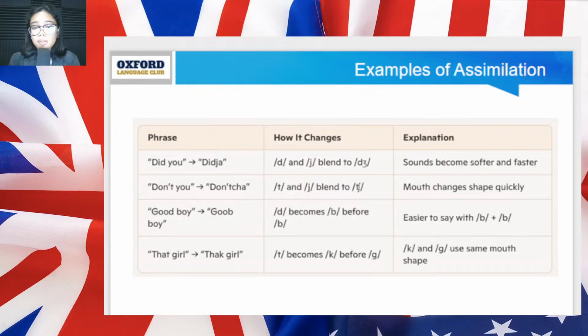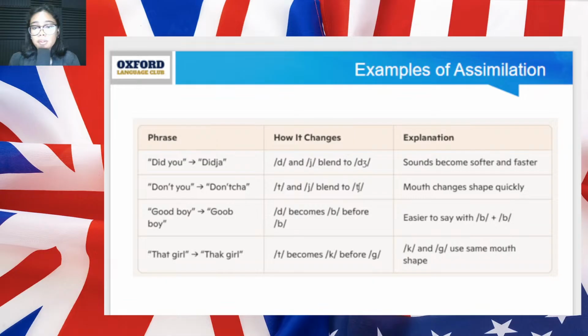This particular change makes it significantly easier and much faster for your mouth to move from the T position to the Y position. Instead of two separate quick actions, it becomes one flowing action. It strongly helps your speech flow without any awkward pauses or sharp, distinct movements between the words. Okay? So that's for the second phrase.